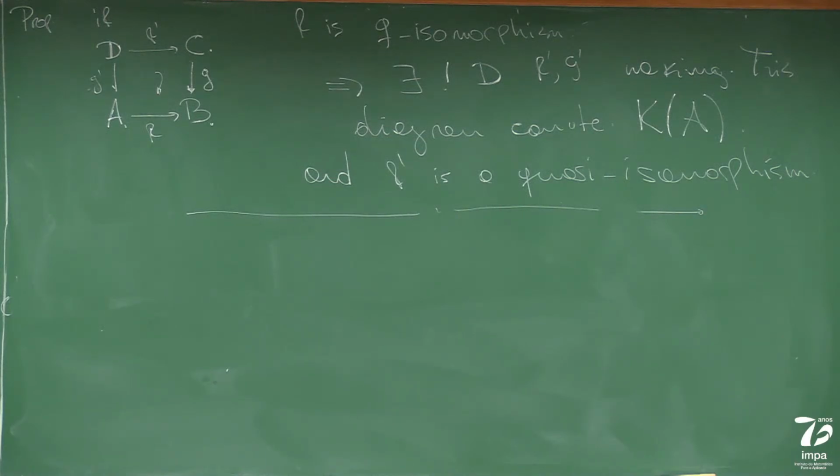So now I want to prove that lemma there: that if F is a quasi-isomorphism, I can lift it by being a quasi-isomorphism. This shouldn't be hard, so let's check this. Oh, I'll need an extra lemma.